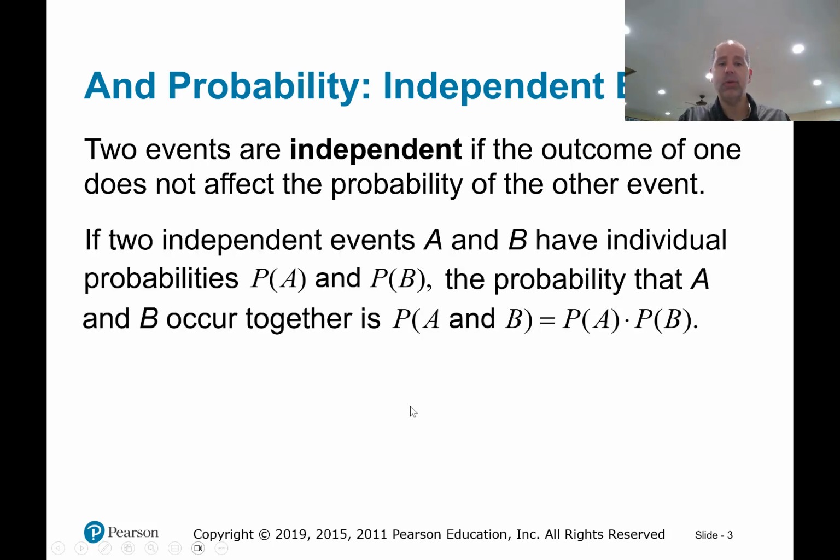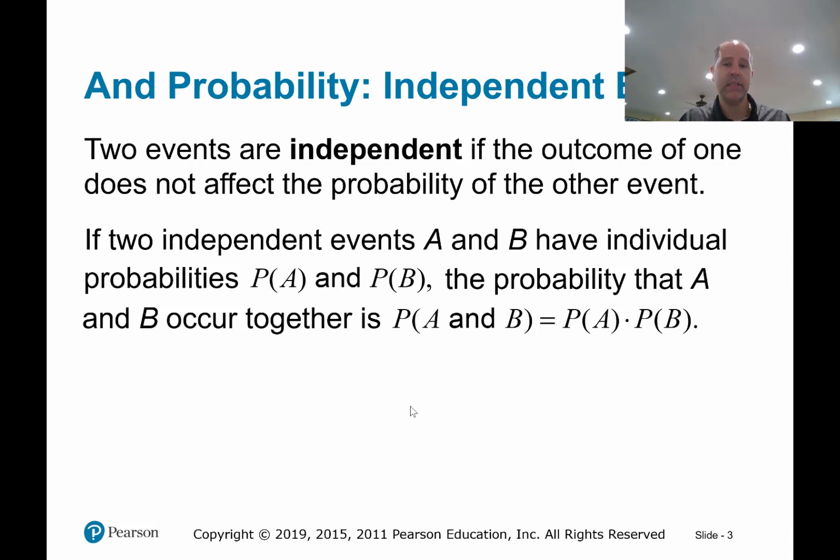Now, if we have two independent events, A and B, and they have individual probabilities, P of A and P of B, then if they're connected by an "and" statement, so if we want the probability of A and B, and those two events are independent, then all we do is multiply their individual probabilities together.